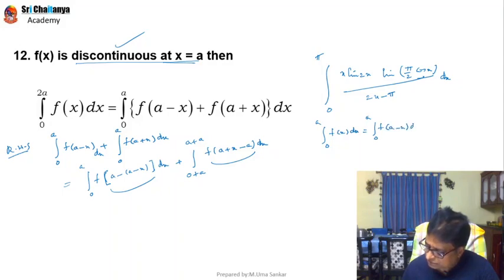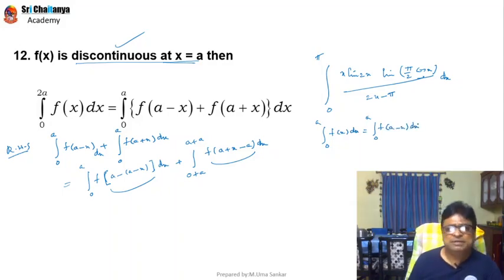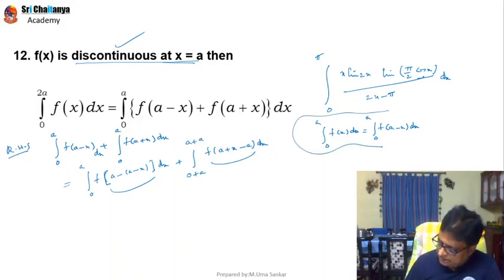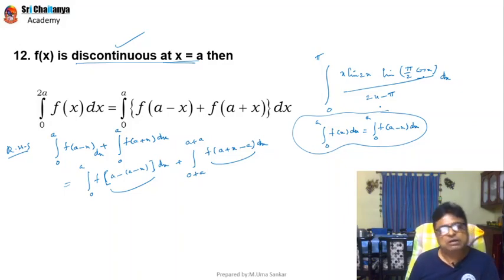This is a beautiful property I applied. My friends, in the IIT examination, if you have observed several previous years' papers, several questions depend only on this property. Already I told you. So far we have derived, of course, this is property number 12.